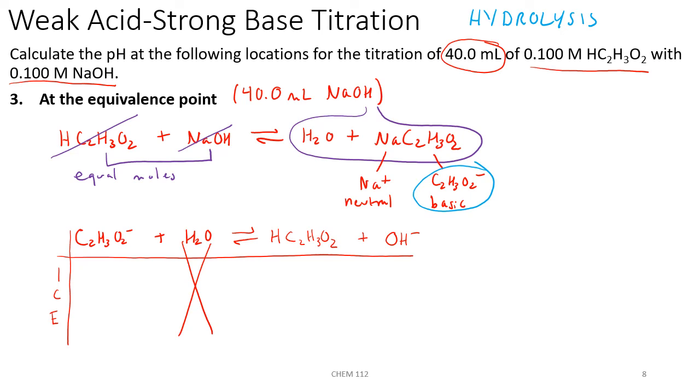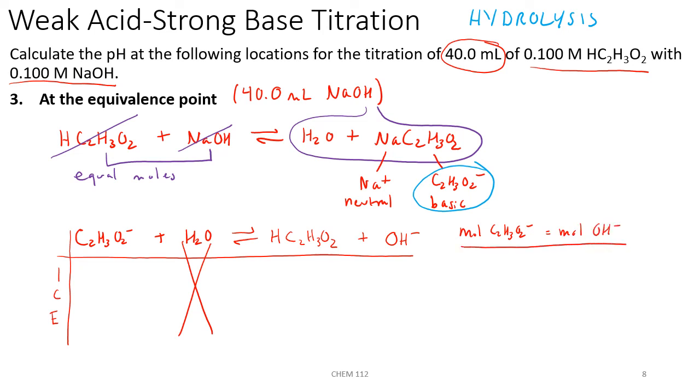Now, recall that when we did a buffer problem, every drop of sodium hydroxide that we added formed a mole of acetate anion. So we're going to have to use the sodium hydroxide to get at the moles of our acetate. So to calculate moles of acetate anion, that's going to be equal to moles of hydroxide ion.